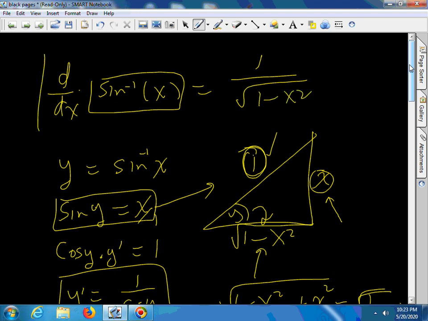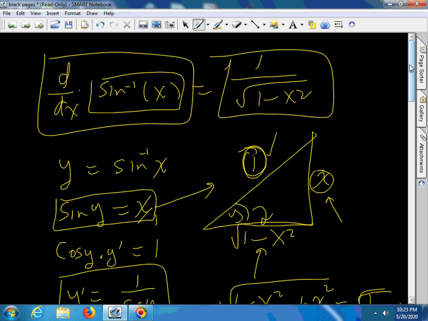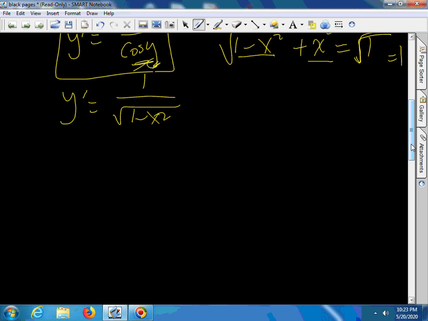And if you must know, I didn't know what this equals. I knew it was going to be 1 over 1 plus x squared, or 1 over the square root of 1 minus x squared like we got, or 1 over the square root of x squared minus 1. Knew it'd be one of those. It would be something like that.